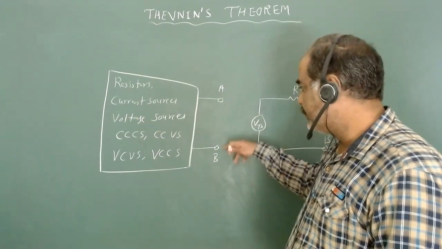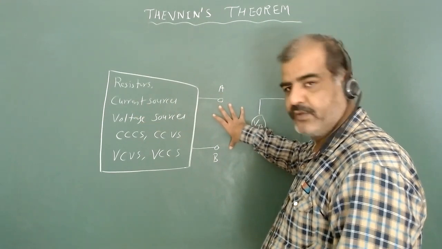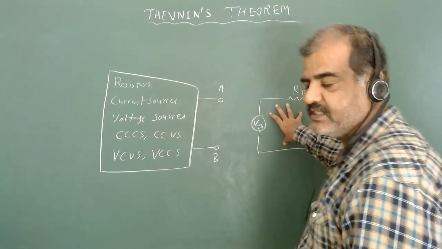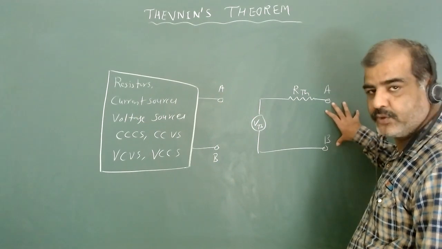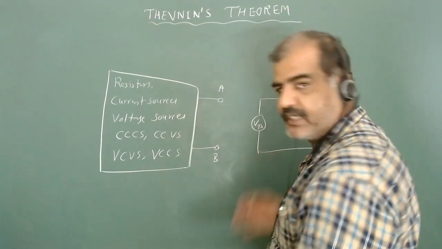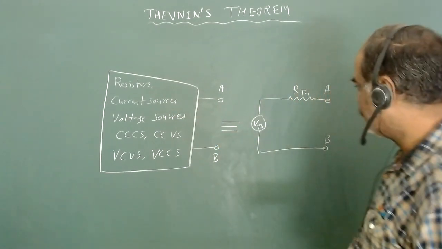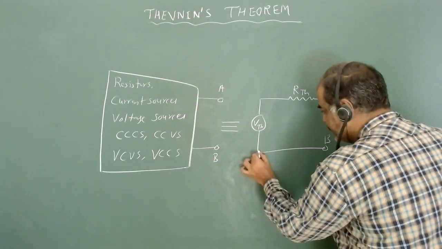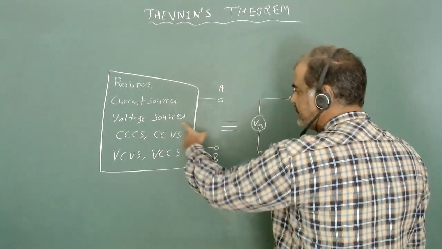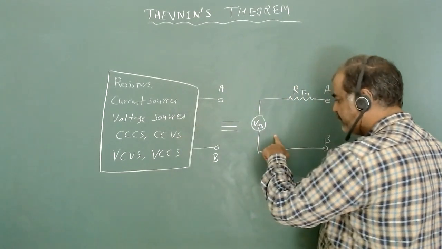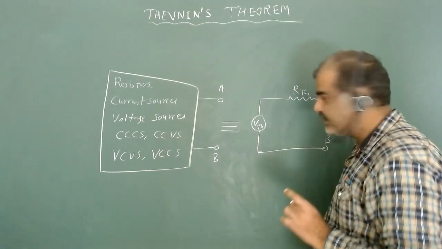If you measure current and voltage across this load, this circuit will give the same voltage and current across the load. Our aim is to find V Thevenin and R Thevenin, because once we replace this complicated circuit with the simplified Thevenin equivalent, our problem is greatly simplified.